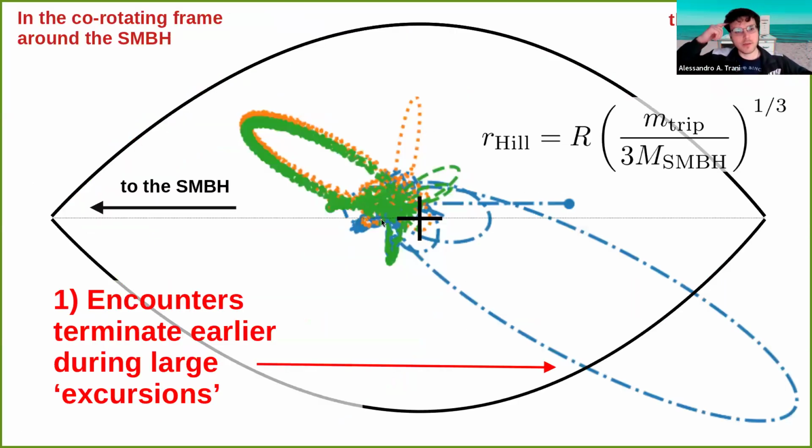I can visualize here in a very crude way that if we have a three-body encounter between a triplet of black holes, you have a chaotic evolution and some excursions between the single and the binary. If the single strays a bit too far from the center of mass of the triple and the binary, it might actually cross the Hill barrier and be stripped, and so be captured by the supermassive black hole.